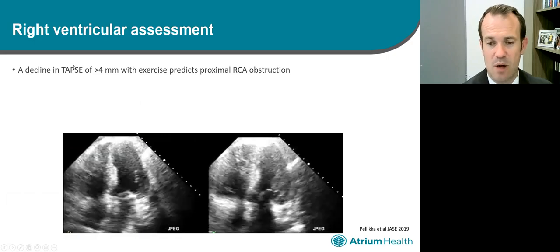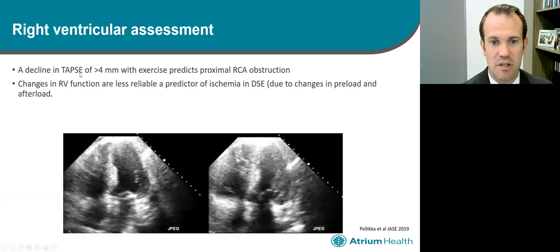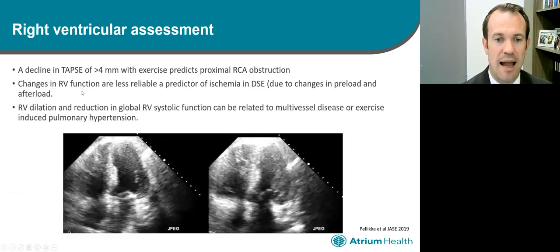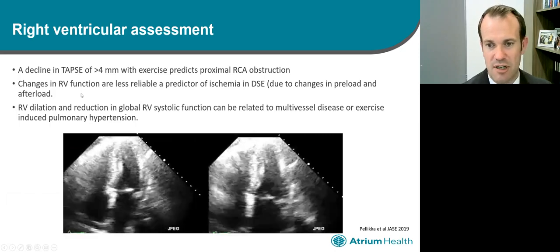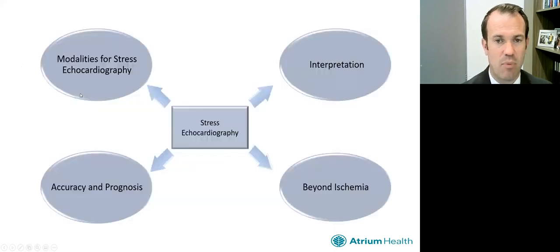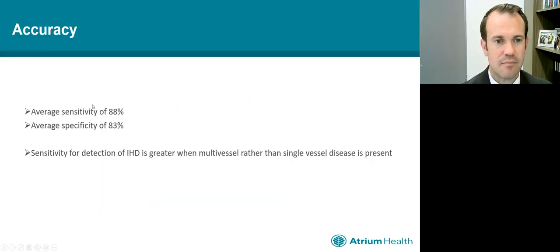proximal RCA obstruction. However, we need to be careful that this is less reliable in patients who have had dobutamine stress echoes. And also, we need to recognize that RV dilation and reduced function can be related to multivessel disease or exercise-induced pulmonary hypertension. Stress echocardiogram is accurate and specific.